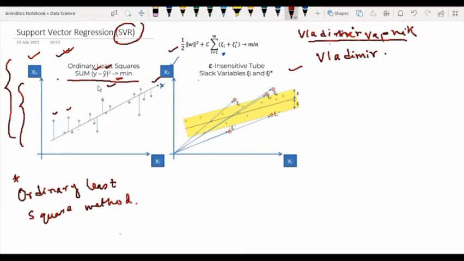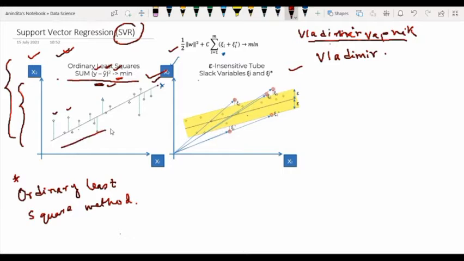We take a difference, square it and try to minimize it, so that's why we have the sum of (y minus y hat) squared tending to a minimum. Essentially we are minimizing the error to have a line with the minimum error possible.